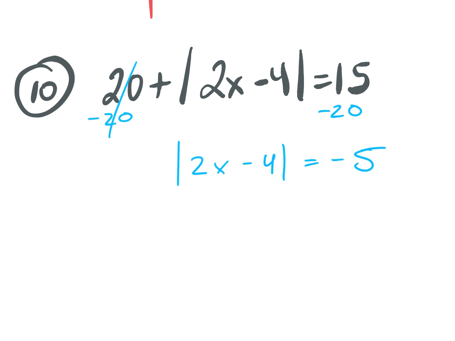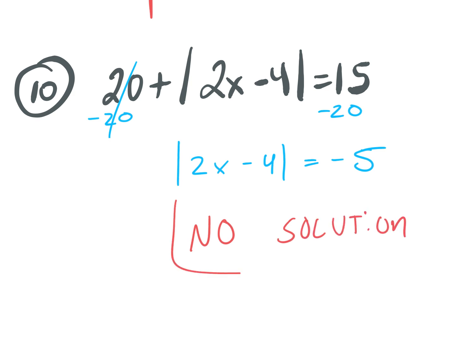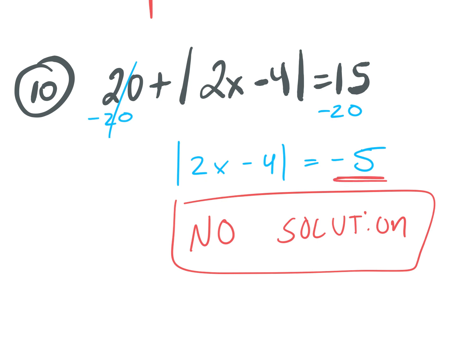So if I take the absolute value of something, am I ever going to have it equal a negative? No. So what do you think my answer here is? No solution. So if you get your absolute value equals a negative number, that would mean that it's no solution. Because you can't take the absolute value of something and get it to be a negative. The absolute value always makes it positive.